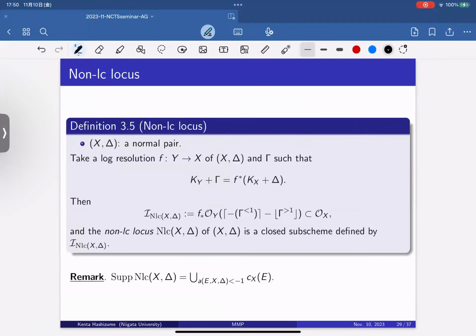Okay, here is the definition of the non-LC locus. But since I don't have enough time, I will skip this definition. The important thing is that, set-theoretically, the non-LC locus is the union of all centers of prime divisors E such that the discrepancy is strictly less than -1.